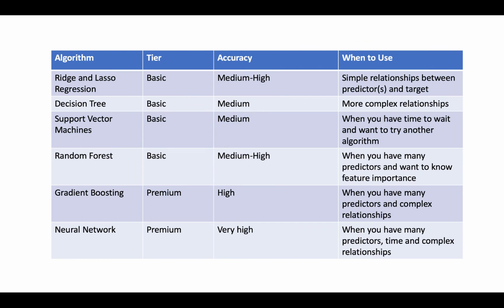However, for the premium users, this is where things get really nice from a modeling standpoint. We get into algorithms that are pretty much state-of-the-art and have shown excellent performance across many domains and have really established themselves as just the best algorithms out there right now in data science.